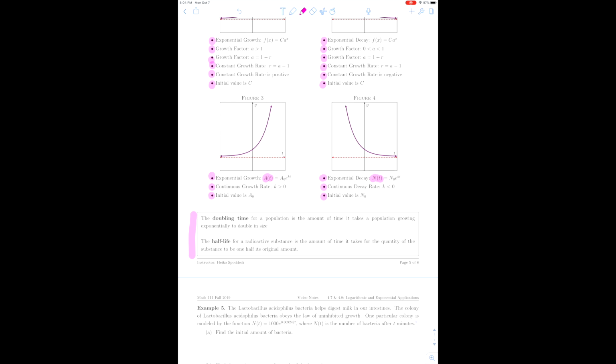Both those times are very useful in population growth, as well as in radioactive substances that are used a lot, especially in medicine, but also in industry, to know how long a radioactive material, for instance, will be effective, or how long you can expect to use it before you have to replace it with something new.